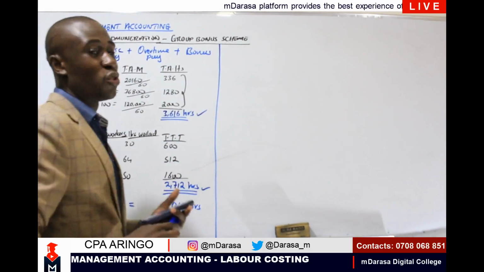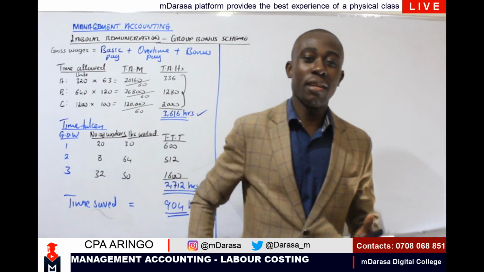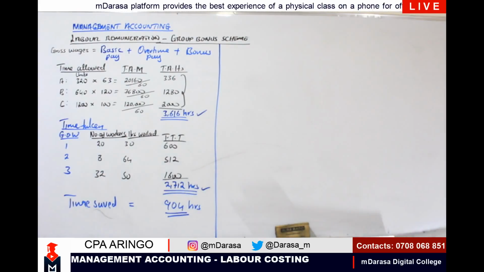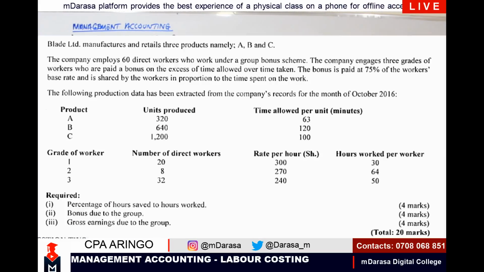The moment I do have that, my good students, let us proceed. The aspect of this question you are asked to determine now is the percentage of hours saved to hours worked.